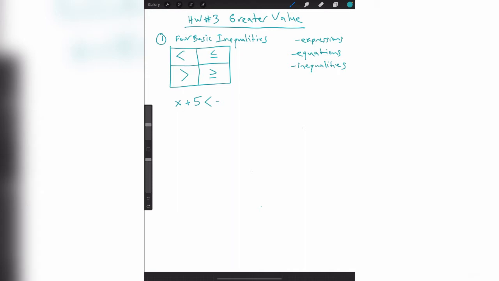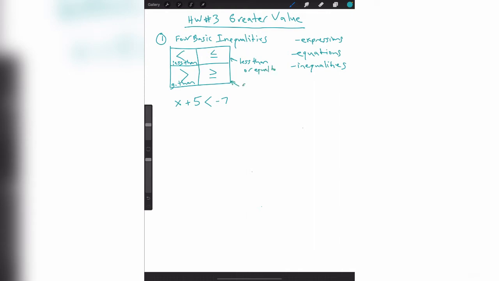So I'll go ahead up here and say this is less than, this is greater than, I'm just using a G because it's not going to fit in there. And this one right here is less than or equal to.